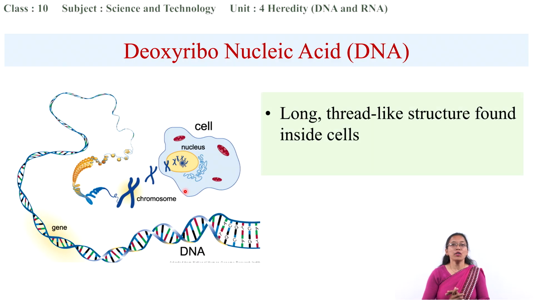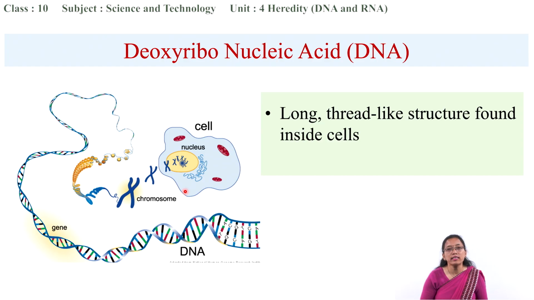Then how can you define DNA? Can you define it, my dear students? Yes, it is a long thread-like structure found inside the cell or even inside the nucleus, which represents the characteristics of certain organisms, or which is the genetic material of the organism.